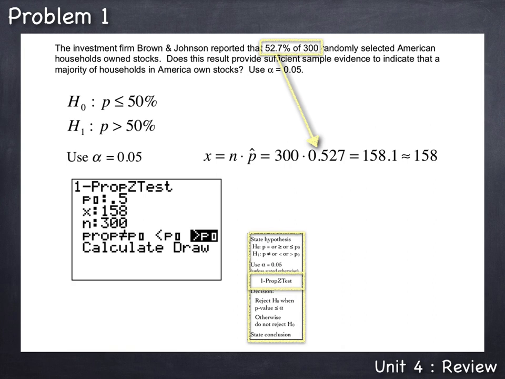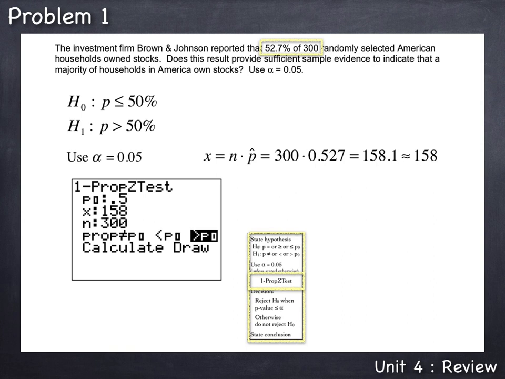But when we enter the 52.7% in our decimal calculator, we convert this number to the decimal 0.527. So to calculate X, we take 300 times 0.527, enter, which gives us the value of 158.1.